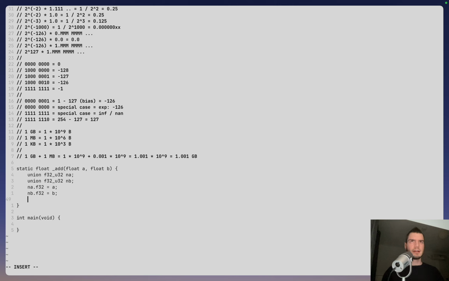So let's say we do that. And let's say we have enough bits to be able to do the addition. Our resulting value still has 32 bits, meaning we would need to cut off the least or the lesser significant bits of this resulting value to be able to create a result, like a resulting floating point value with 32 bits.